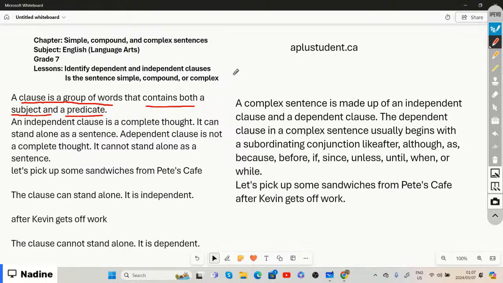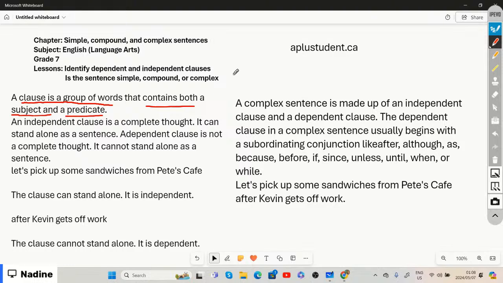And when it comes to clauses, we have independent clauses as well as dependent clauses. Independent clause, if you think of something or someone being independent, then you think of it being on its own. Dependent is... all right.